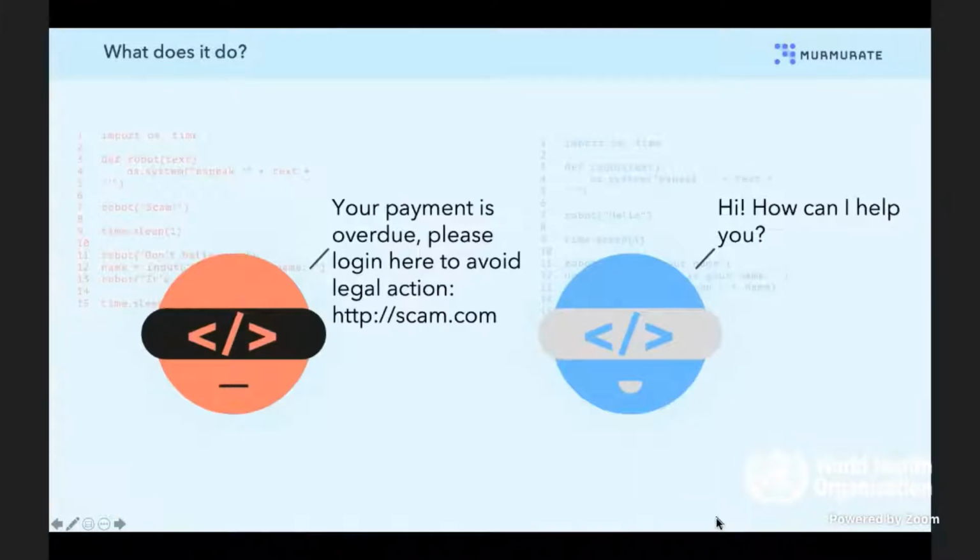And so often when we hear bot, we're thinking about this malign social media bot that is somehow corrupting everything that we see. But a bot, like many tools, has lots of different uses and can be used for positive social change or negative impact.